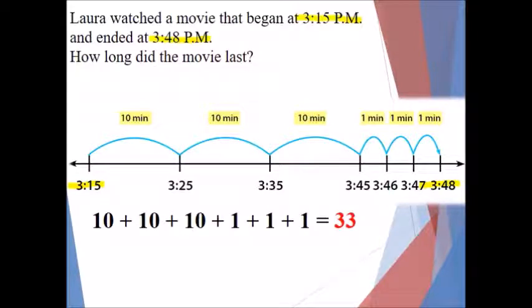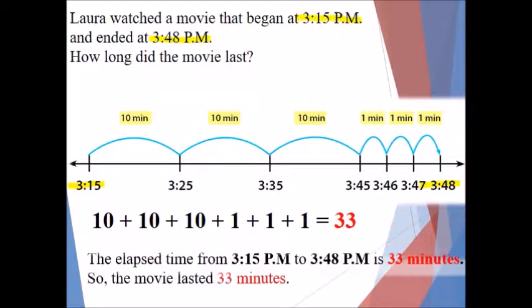So it's 10 plus 10 plus 10 plus 1 plus 1 plus 1 equals 33. So how long is the elapsed time from 3:15 to 3:48? The elapsed time from 3:15 p.m. to 3:48 p.m. is 33 minutes, so the movie lasted 33 minutes.